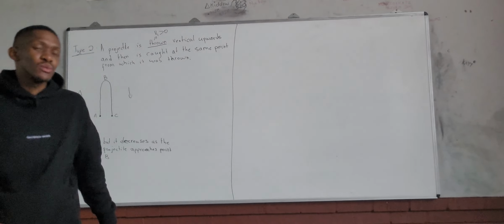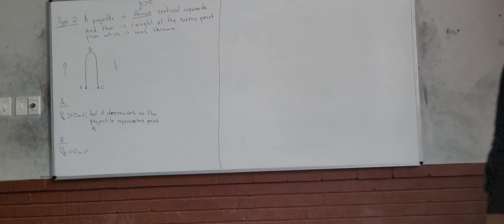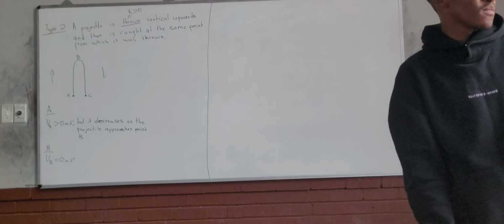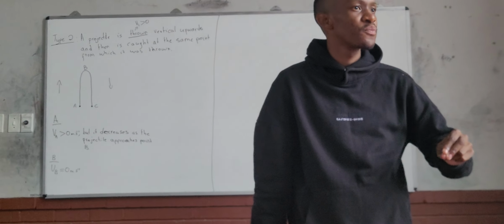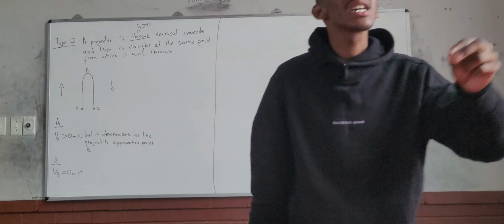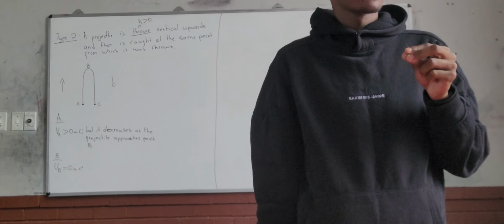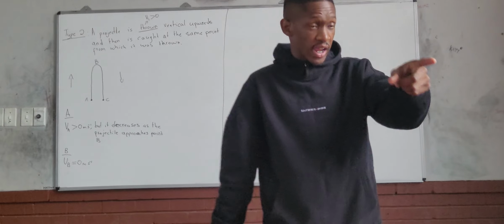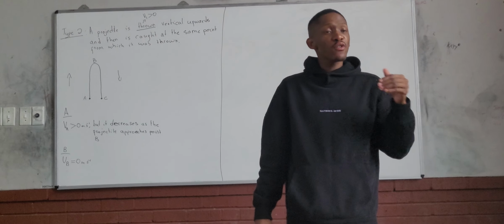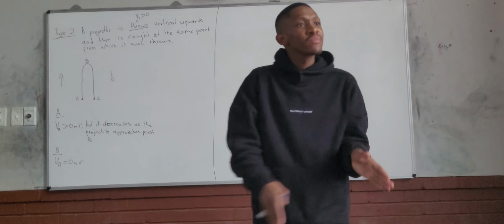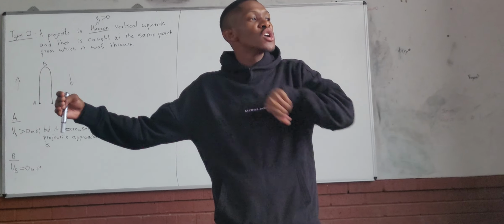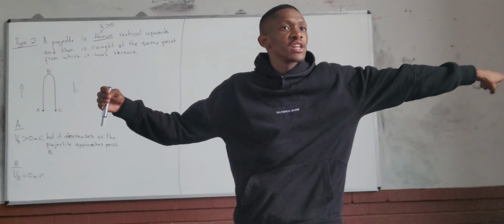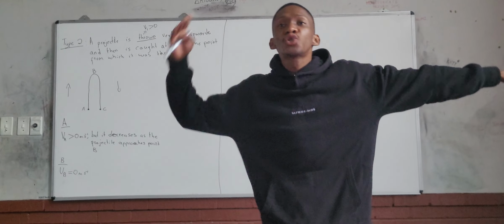Let's break it down. Before an object can begin to change direction, it must first stop. Before you can change direction, if you are walking eastwards, before you can change direction to go in the opposite direction, you first need to do what?